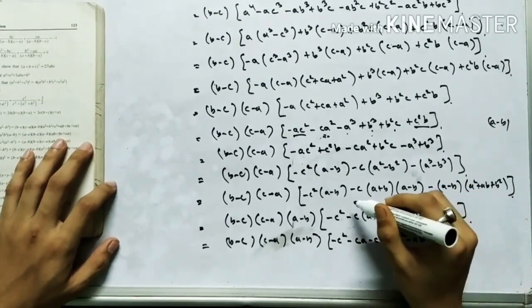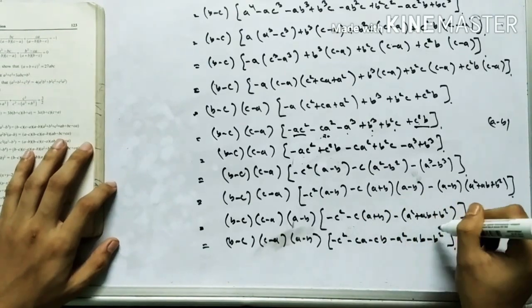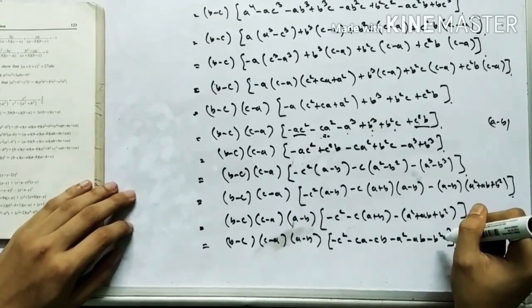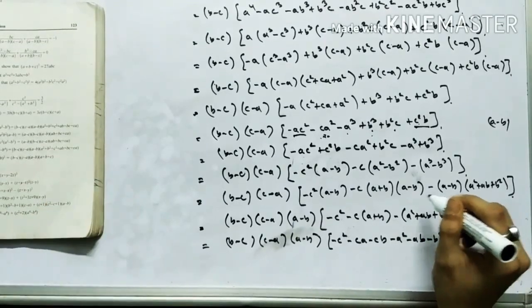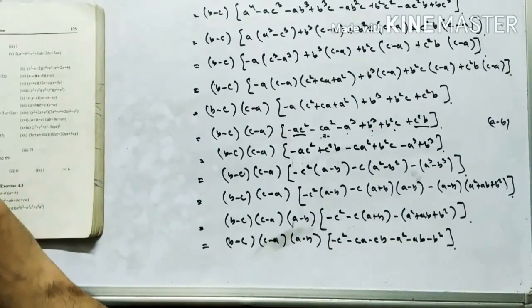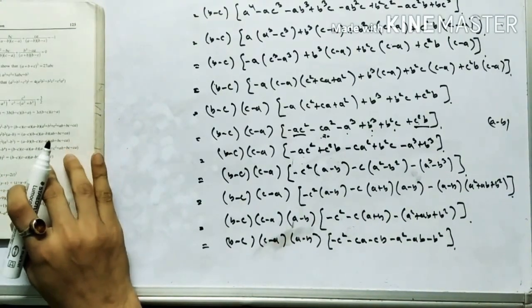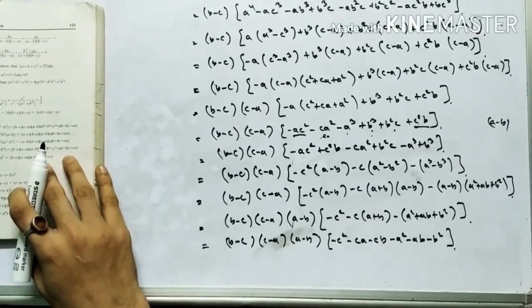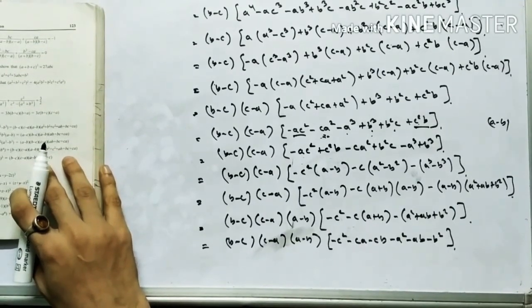So c square minus a. This is b cube plus b square c plus c square b minus c square minus a cube.